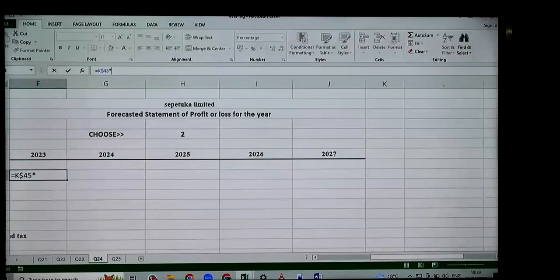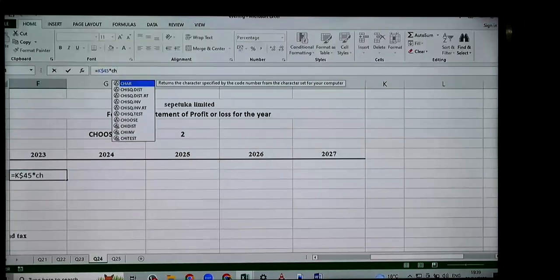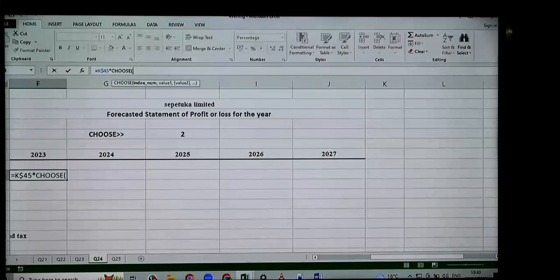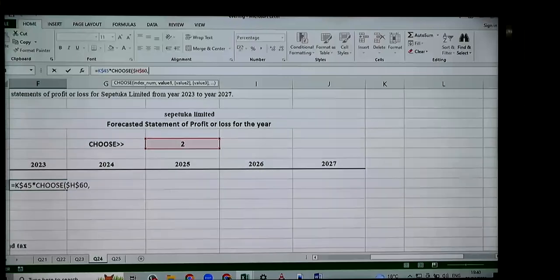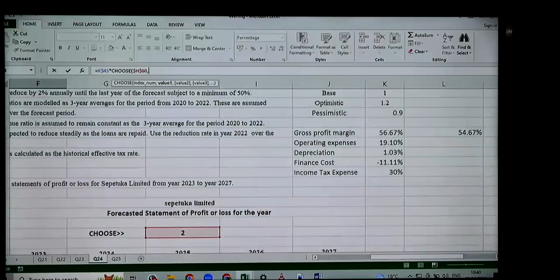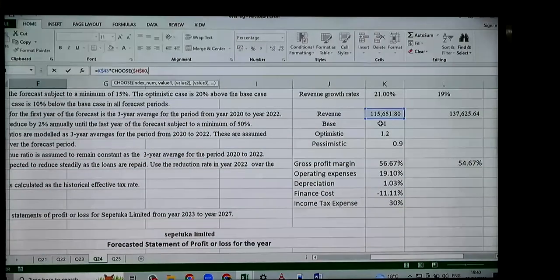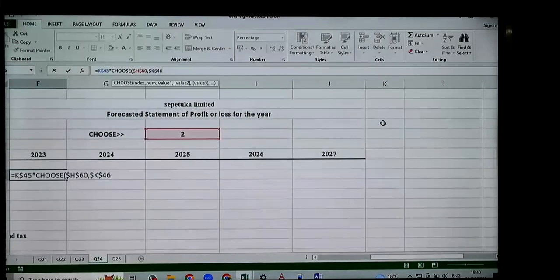We multiply by, now we introduce CHOOSE. We press tab. This one is our column index here. I press F4, comma. Our value one will be this one here. Then I press F4 because I want it locked fully, comma.